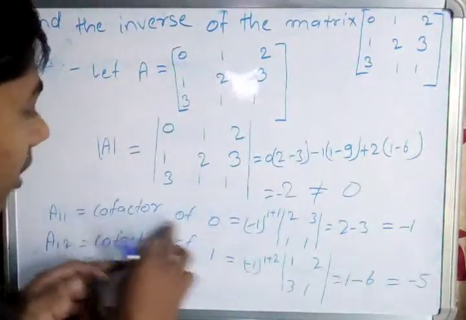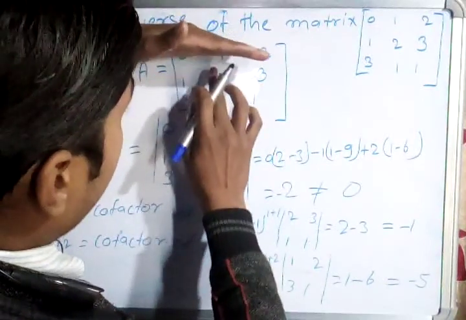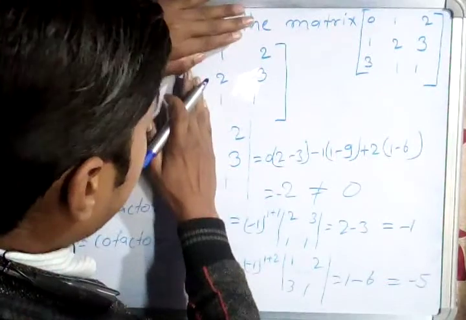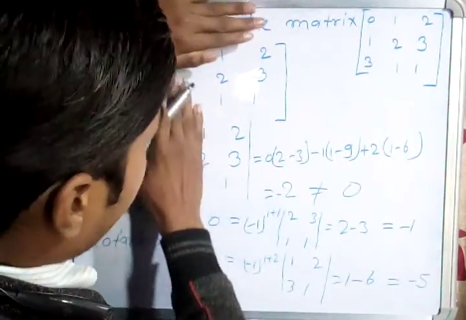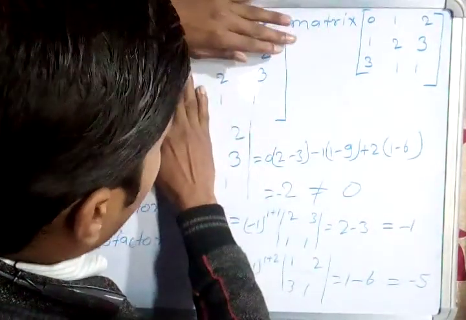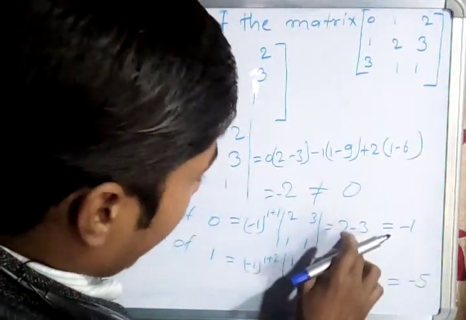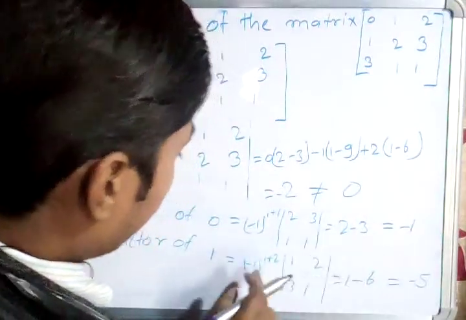Then for the cofactor of 0, deleting the first row and first column, the left elements we write here: 2 2 3 1 1 2 3 1 1, which is equal to 2 minus 3, equal to -1.